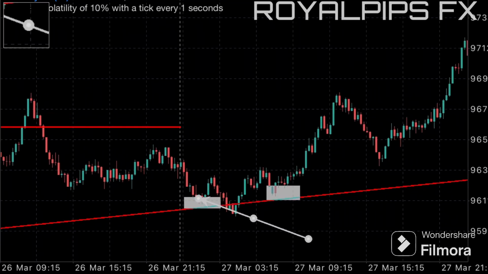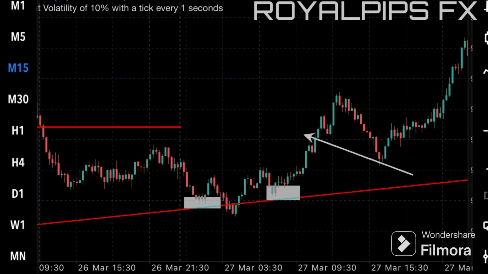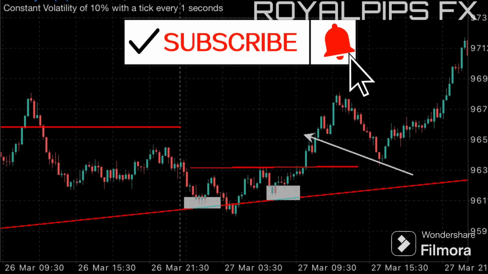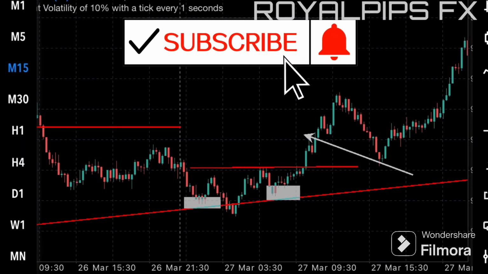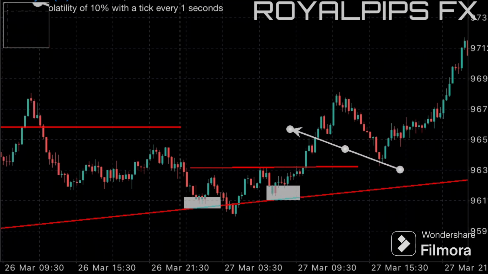This is the left shoulder, this is the head, and this is the right shoulder. This is the neckline, and we have the break of the neckline. This is exactly where we are to buy. And the market pushes straight up.